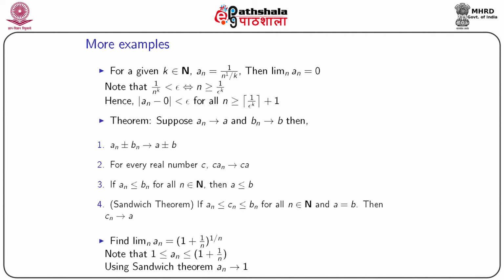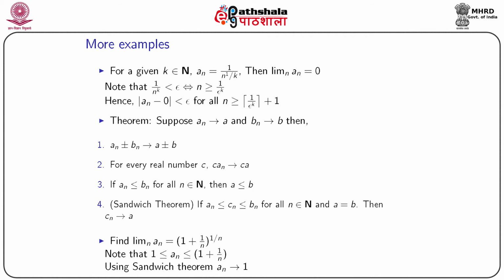Now we'll be considering more examples. Suppose a_n is 1 over n to the power 1 over k, where k belongs to the set of integers. Then also the limit of a_n is equal to 0. If I put this restriction, 1 over n^(1/k) is less than epsilon, that means n is greater than (1 over epsilon) to the power k.